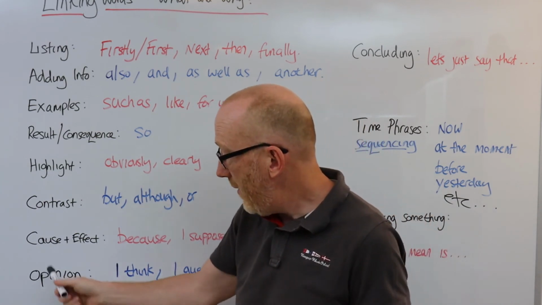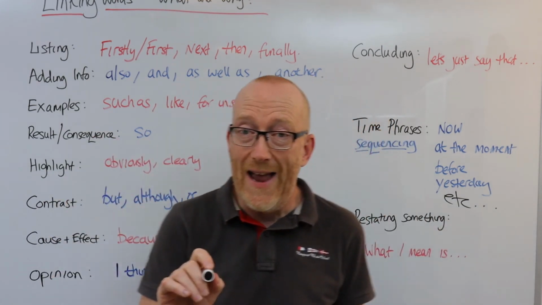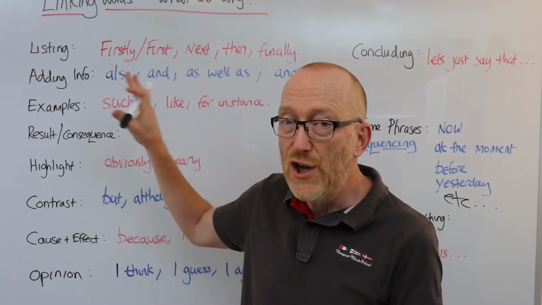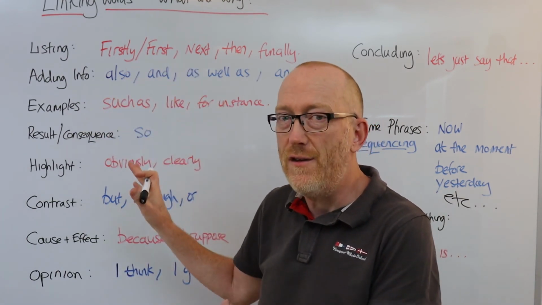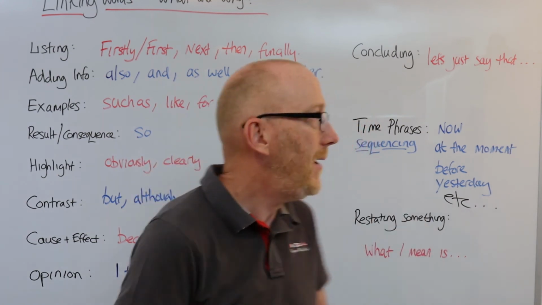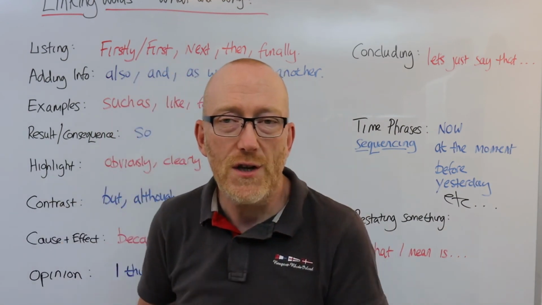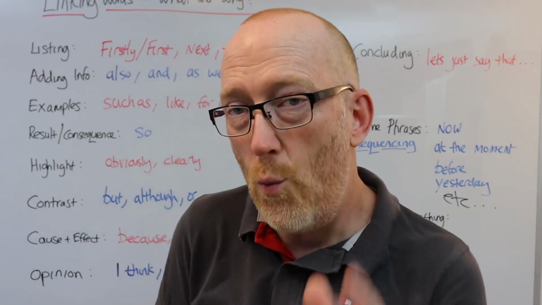Yeah. So I want you to think about these categories as functions of language. Think about when you need to use these functions in your speech. Yeah. Concluding, time phrases, restating things. These are functions. When would you use these functions and why?